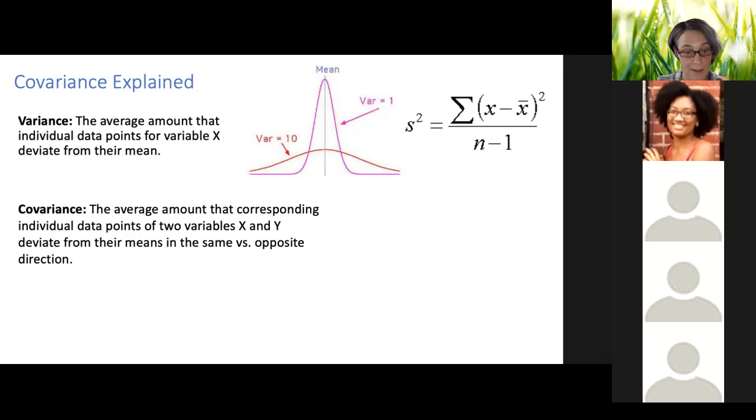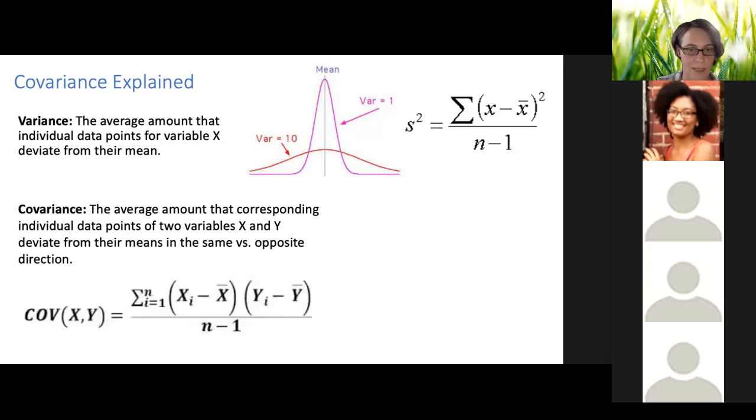So that means X from the mean of X and Y from the mean of Y, and the same versus opposite direction. That is what covariance means. And so the formula is actually pretty similar to the variance formula, right? Instead of taking the square of these deviations of individual values from the mean, we are focusing on cross products here.